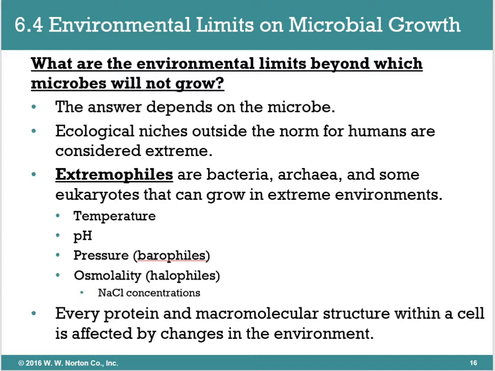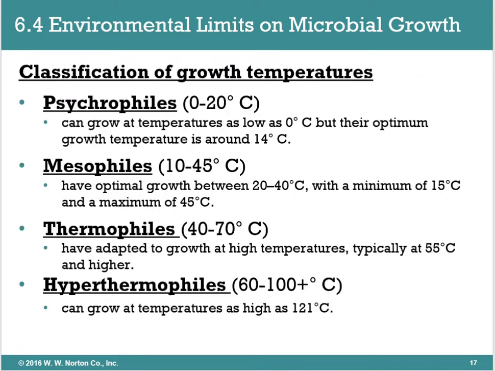With osmolarity, there are halophiles, the ones that like salty concentrations, so NaCl is salt. Every protein and molecular structure within the cell is affected by its environment. Everything's intertwined, okay, guys?